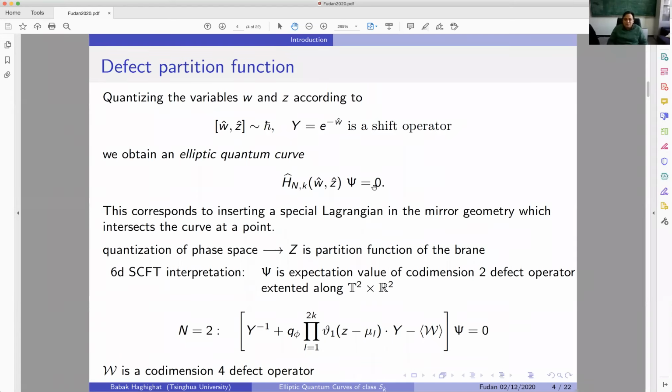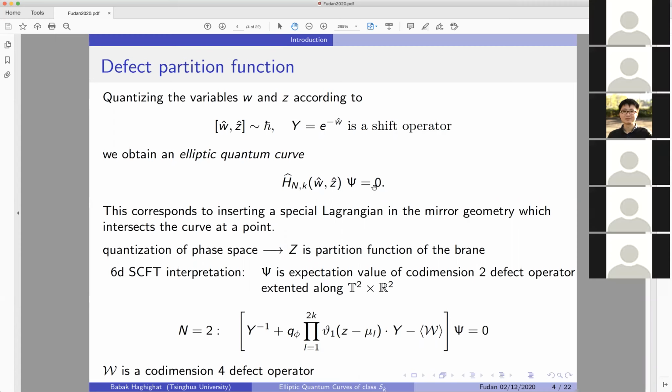And so the classical moduli space of this brane will be this Riemann surface. If we want to go over to quantization, the partition function of the brane will be a state in a Hilbert space, which arises from quantizing this moduli space or phase space. So in this sense, the Riemann surface is the phase space of this Lagrangian brane, and we are going to quantize it in order to describe the partition function in terms of this wave function.